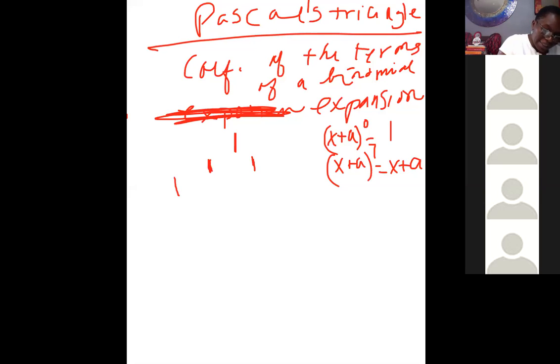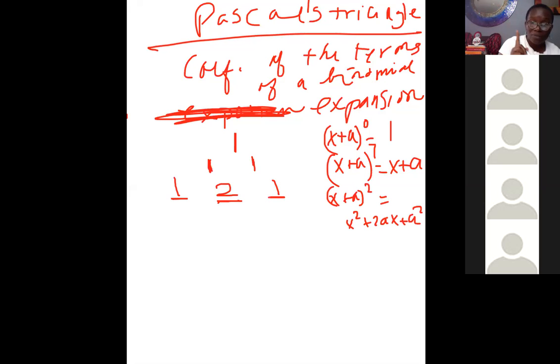On the next level, which is the third row, we have 1, 2, 1. You notice the outside are still 1s. This would represent x plus a to the second power, which we just expanded earlier, and we had gotten x squared plus 2ax plus a squared. So basically, the coefficient of the first term is 1, the coefficient of the second term is 2, and the coefficient of the third term is 1.